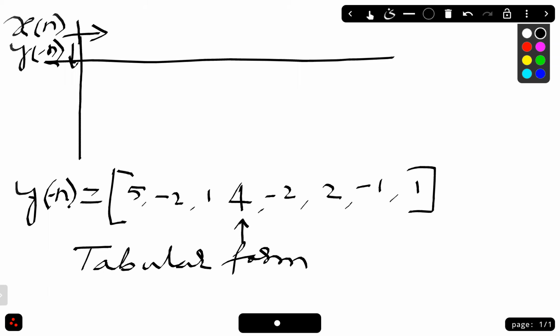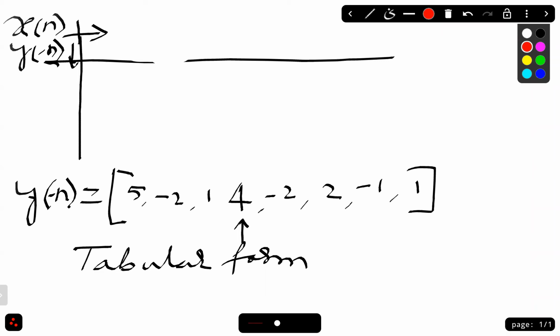So what is our x of n here? Can anyone tell me? No, x of n is different. What is your x of n?